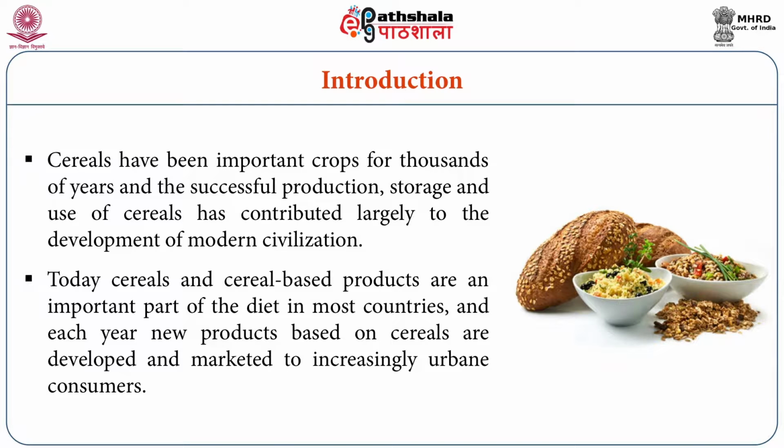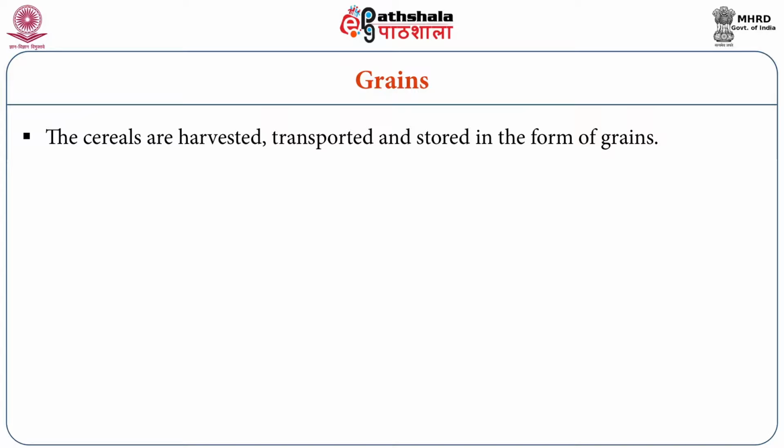Today, cereals and cereal based products are an important part of the diet in most countries, and each year new products based on cereals are developed and marketed to increasingly urban consumers. The cereals are harvested, transported, and stored in the form of grains.